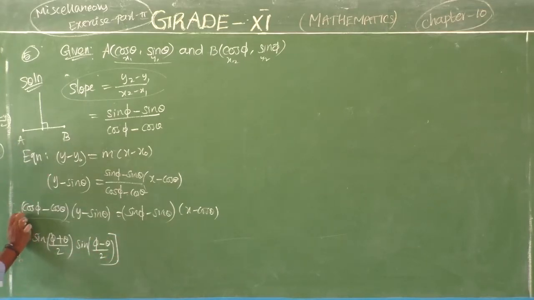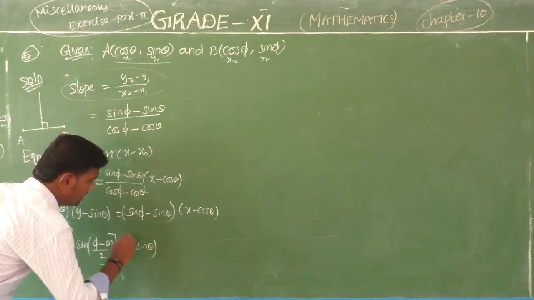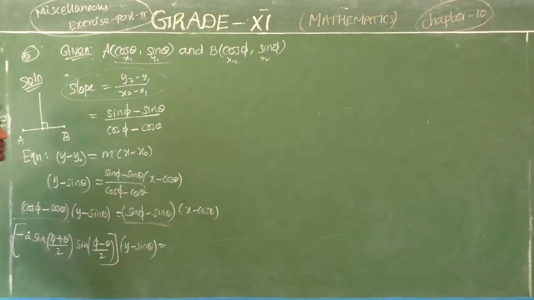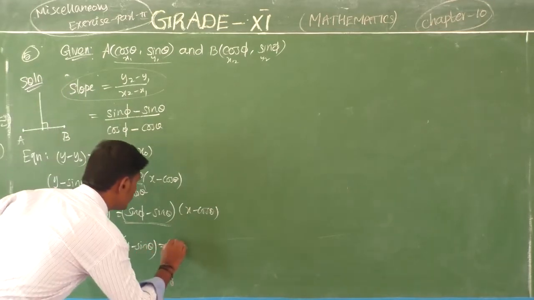Minus 2 into, students, y minus sin theta, which is equal to, here also you have a formula: sin x minus sin y is 2 cos of x plus y by 2 into sin of x minus y by 2.